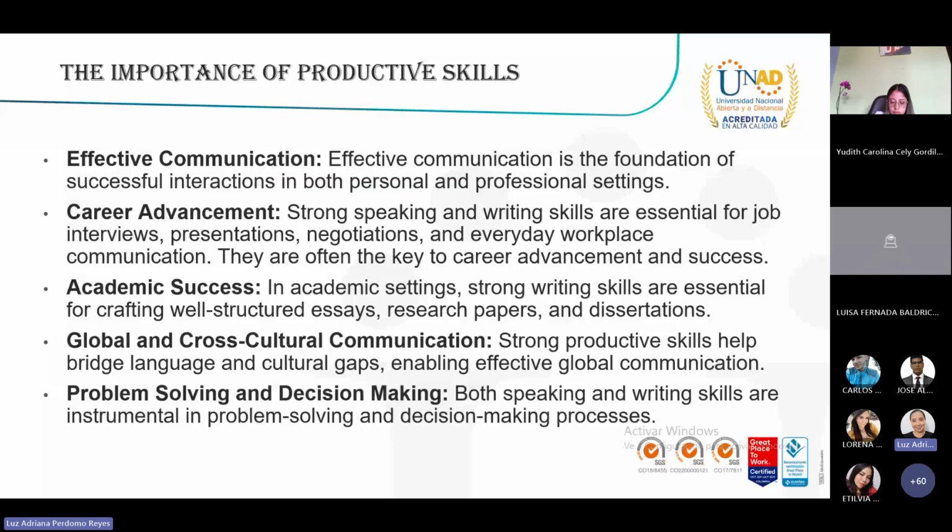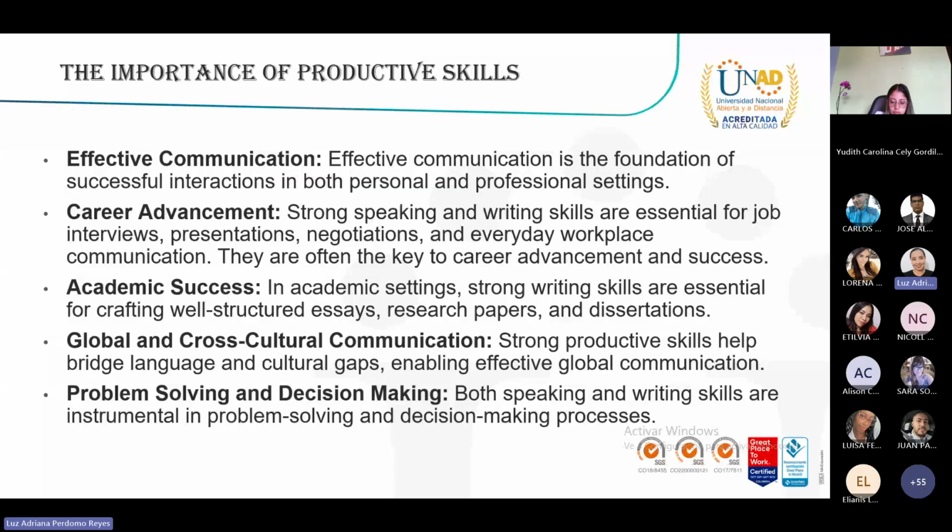I want to say something here. We are in our process as future teachers, but today we need to know that the most important thing is to communicate in English. Maybe when we are in other countries, that's the most important thing, because when we are abroad, we can meet people from other countries who have different accents and different stress.